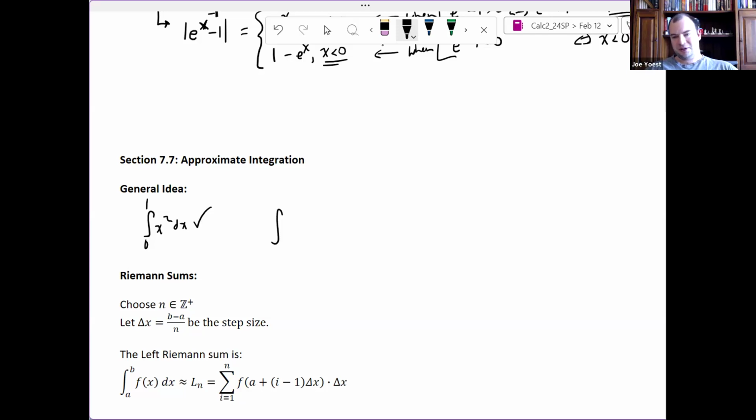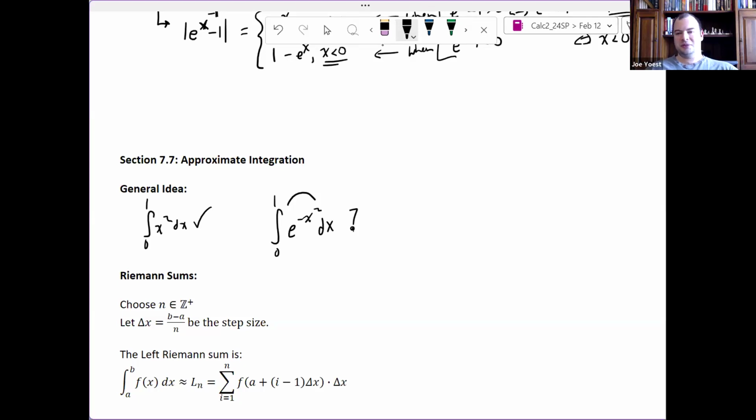But sometimes we have integrals like this one. I can't find a nice indefinite integral of e to the minus x squared. So how do I figure out what number this is, right? This is a nice continuous function.